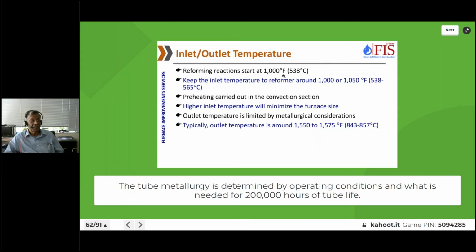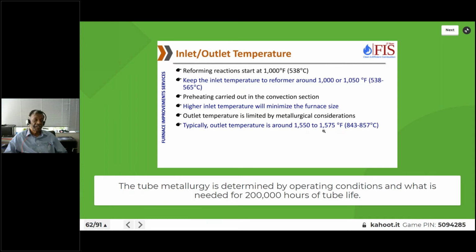The inlet temperature is typically around 1000 to 1050 degrees F. We want to maximize the preheating in the convection section, so that the catalyst size or the reformer size is minimized. Outlet temperature is typically kept around 1550 to 1575.